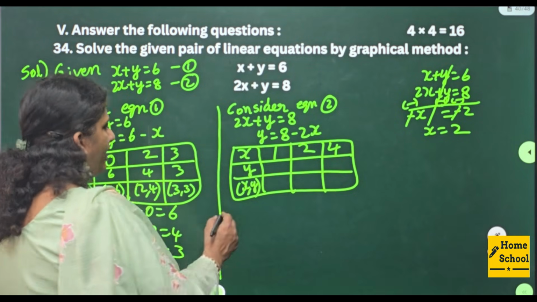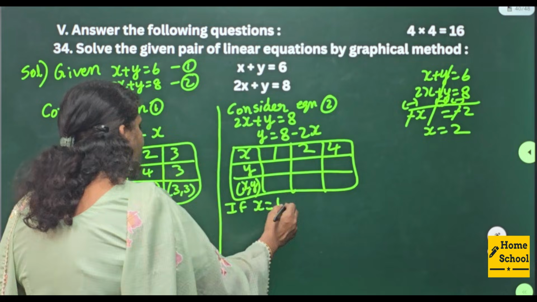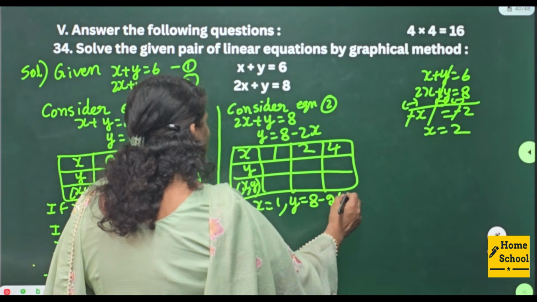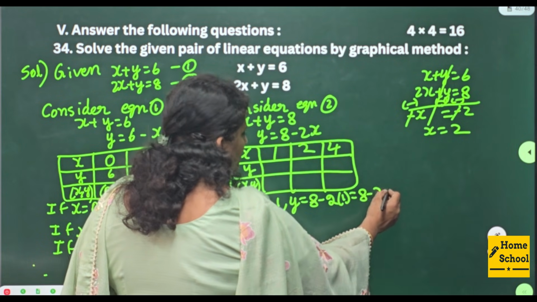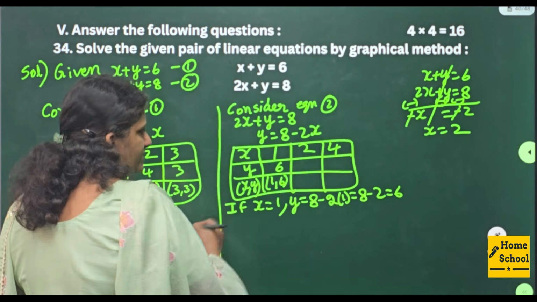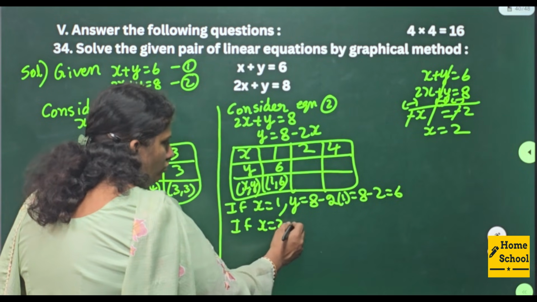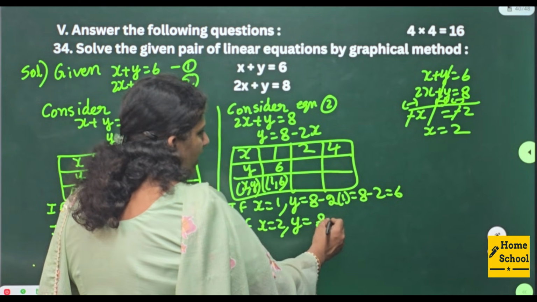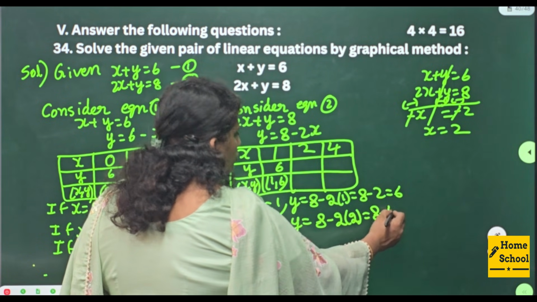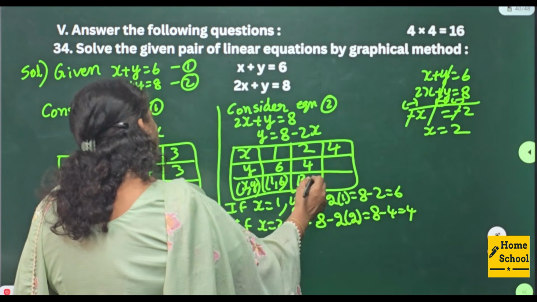In the same manner, this side. If x is equal to whatever number you have taken, 1, y is equal to 8 minus 2 into 1, that is 8 minus 2 is equal to 6. Coordinate is 1, 6. And the next one, if x is equal to 2, y is equal to 8 minus 2 into 2, that is 8 minus 2 2s are 4, that will be 4. 2, 4.